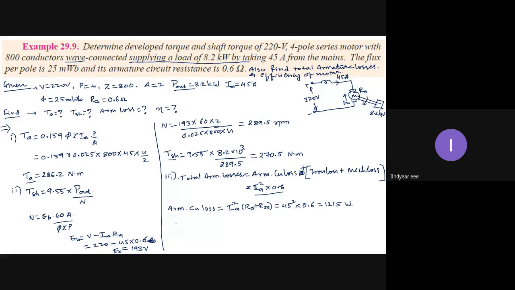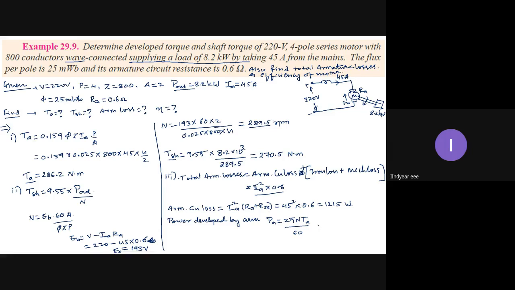Then I will get the power developed from the torque developed. Power developed by armature, PA, is equal to 2 pi n TA divided by 60. Is the speed given here? No, we have calculated it, 289.5 rpm.